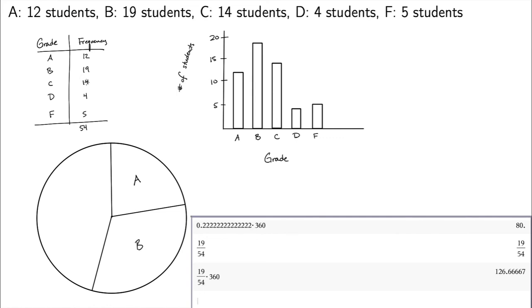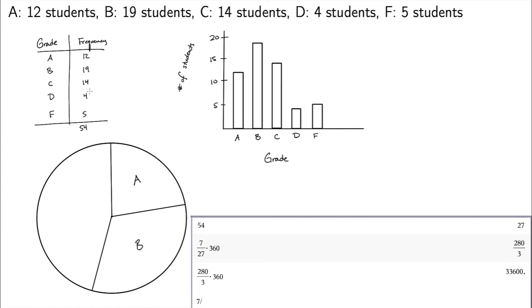Okay, and then for C, we do the same thing. We take our 14 out of the 54, and then we're going to multiply that by the 360, and I want to make sure I get a decimal out of that. So let's do that again. My calculator misinterpreted what I was doing.